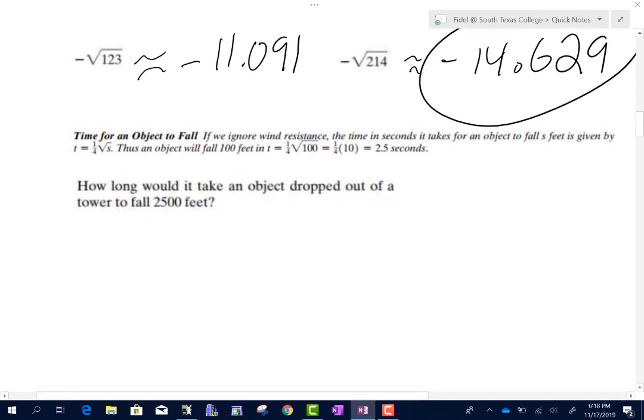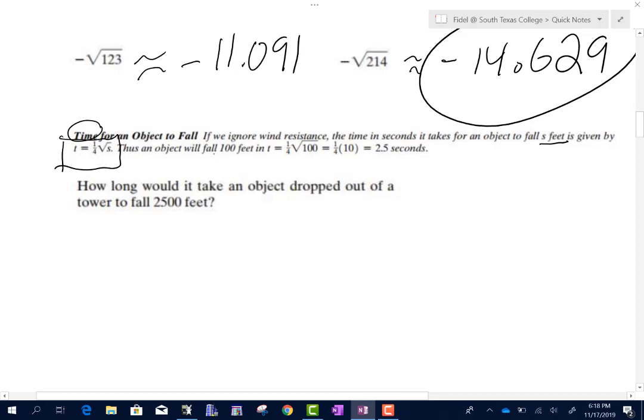Okay, so let's take a look at this one here. It says, time for an object to fall. It says if we ignore wind resistance, the time in seconds it takes for an object to fall s feet, so s is the number of feet, is given by this equation right here, okay, and that t is for the time.